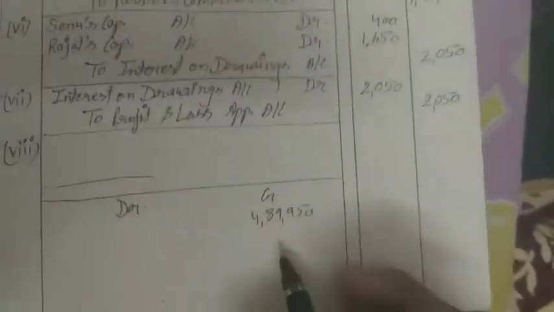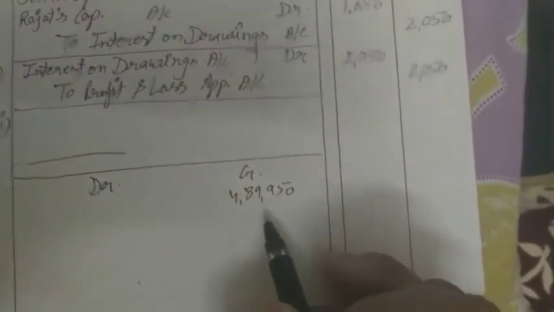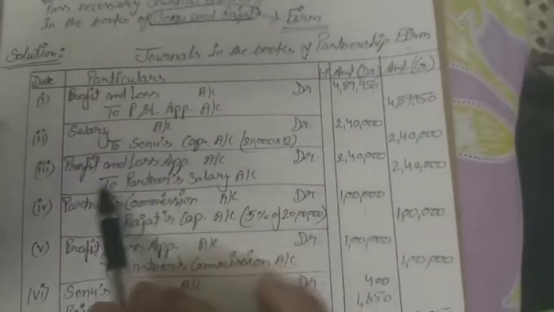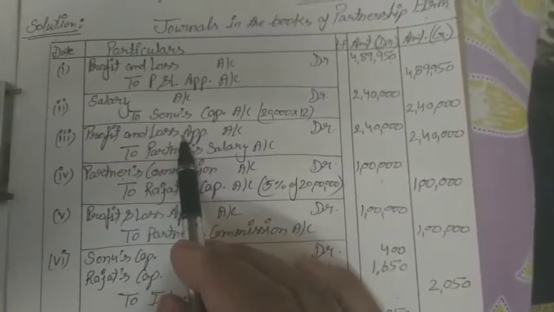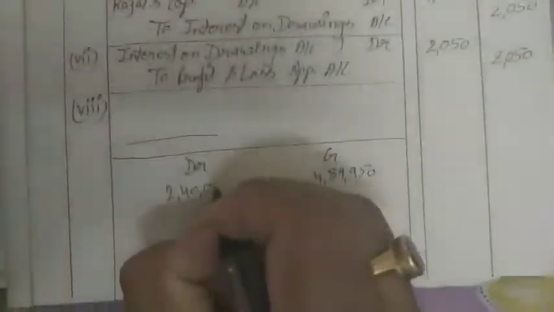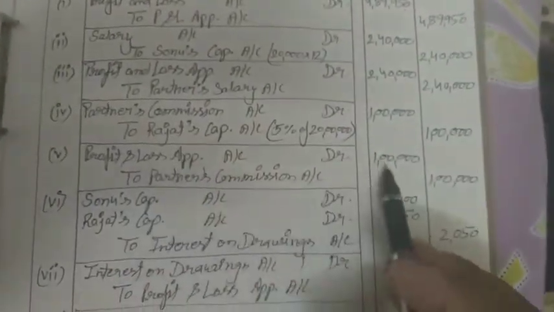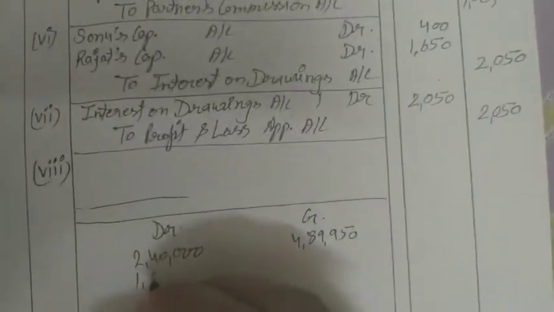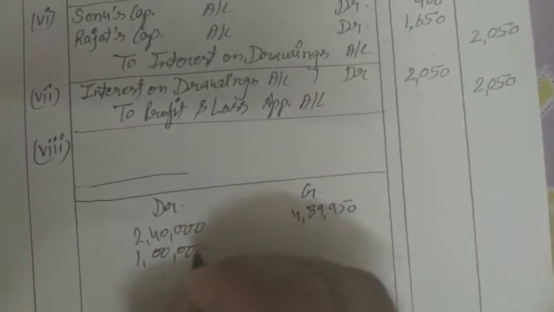It is rough work, we only have to find the balance, that's why I am doing the working note here. So again, profit and loss appropriations account is debited with an amount of 2,40,000. You can see 2,40,000 here. And next, profit and loss appropriations account is also debited with an amount of 1,00,000 rupees.